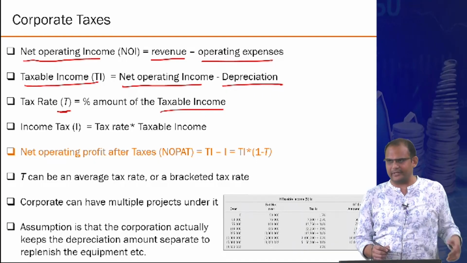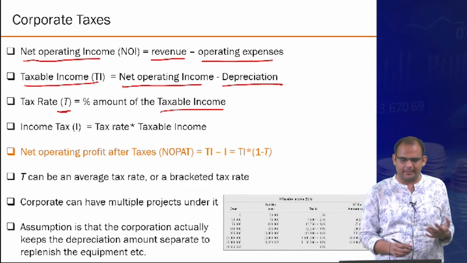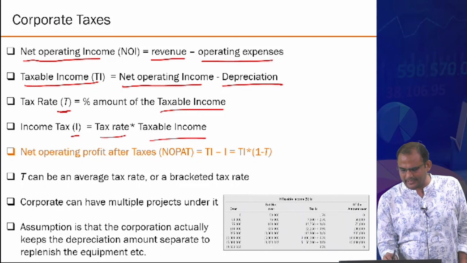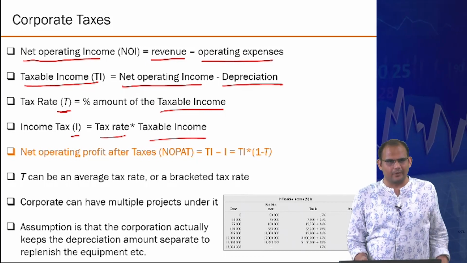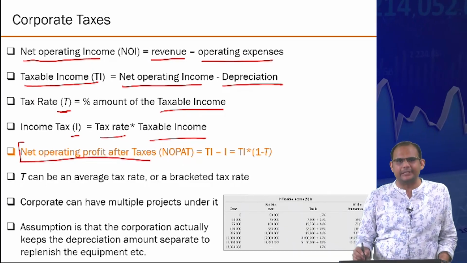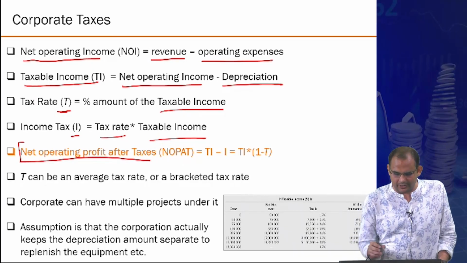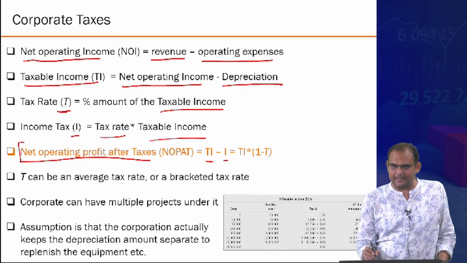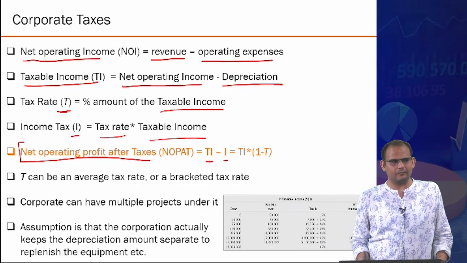Let's say 20% of the taxable income, 30% of the taxable income. Then your income tax becomes the tax rate multiplied by the taxable income, right? So your net operating profit after taxes becomes your taxable income minus the income tax that you have paid, right?